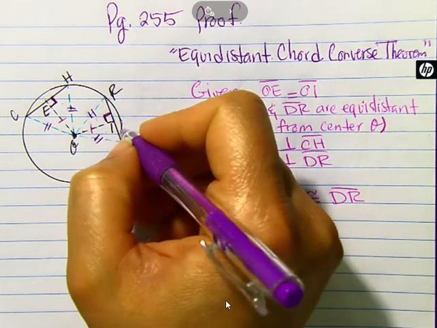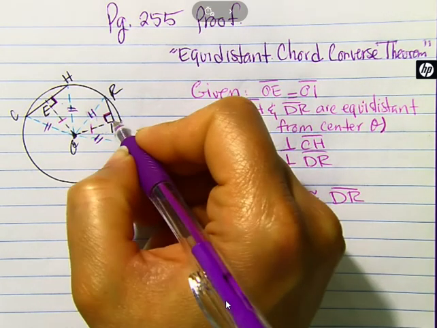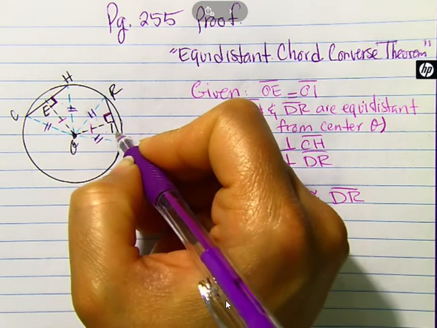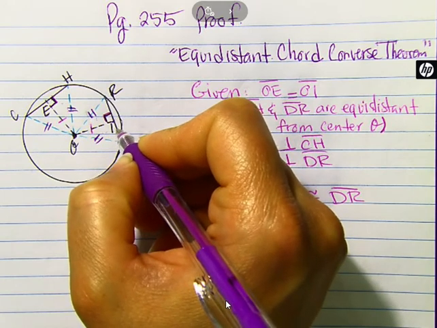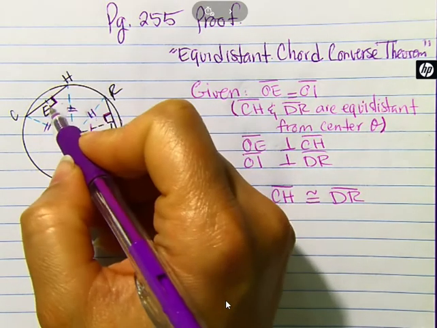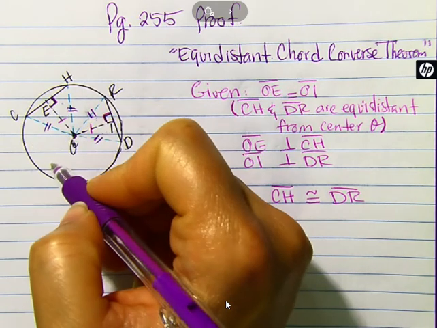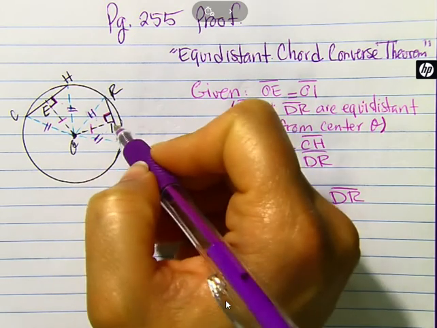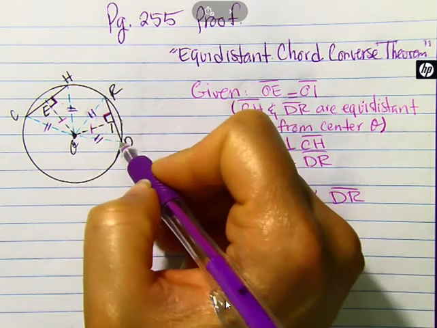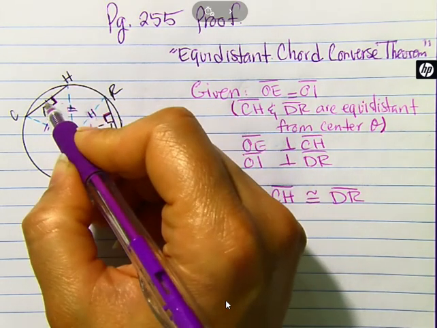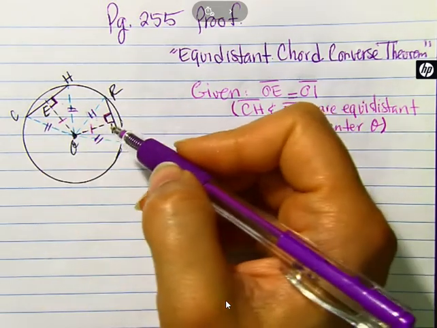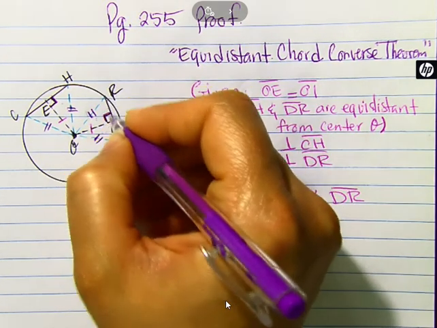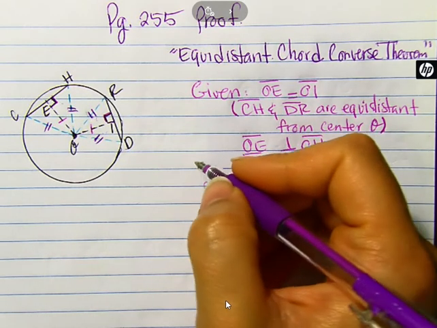Now we can say ID is congruent to IR because of CPCTC. EH is congruent to EC because of CPCTC. I also know that IR is congruent to ID, is also congruent to EH, is also congruent to EC. All these individual segments are congruent to one another.